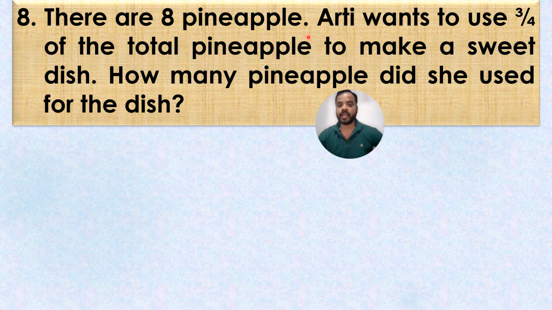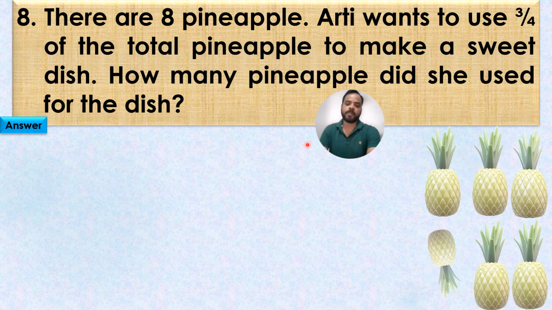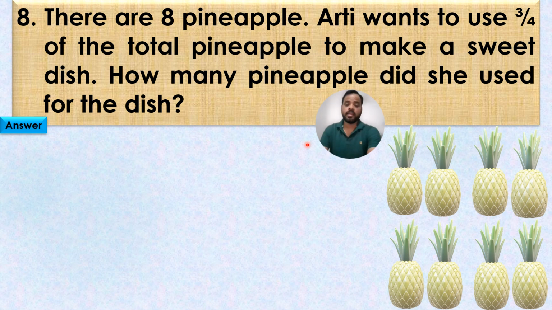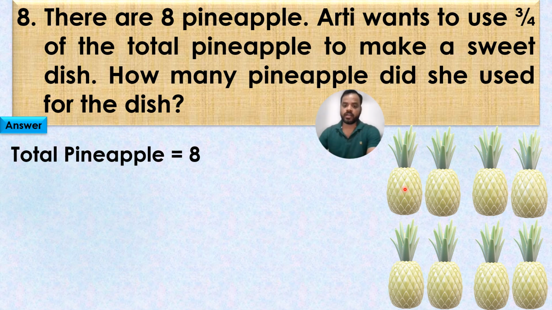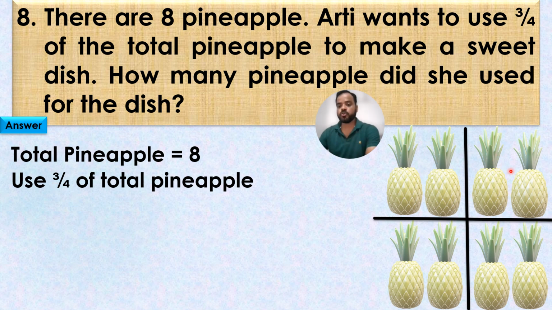So out of the total 8 pineapples available, Aarti wants to use only 3 by 4 of them. Now we divide the pineapples into 4 parts, and we want to use only 3 parts.